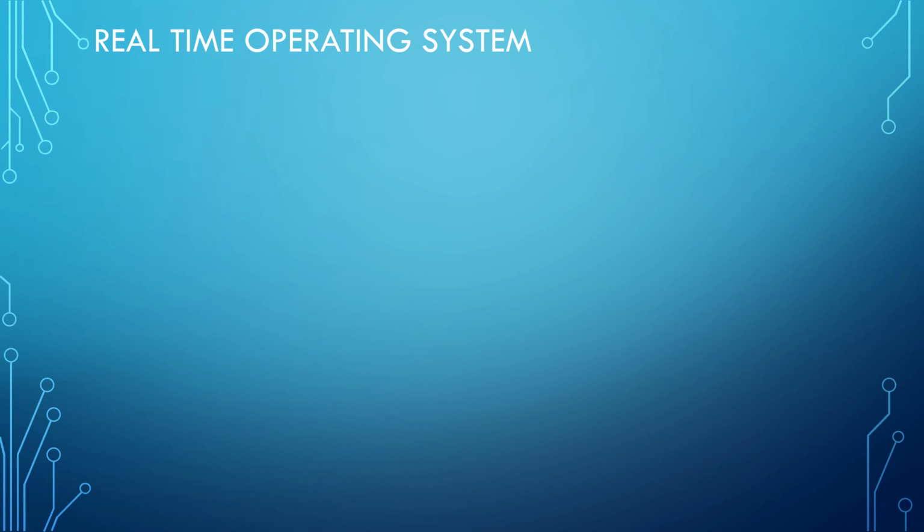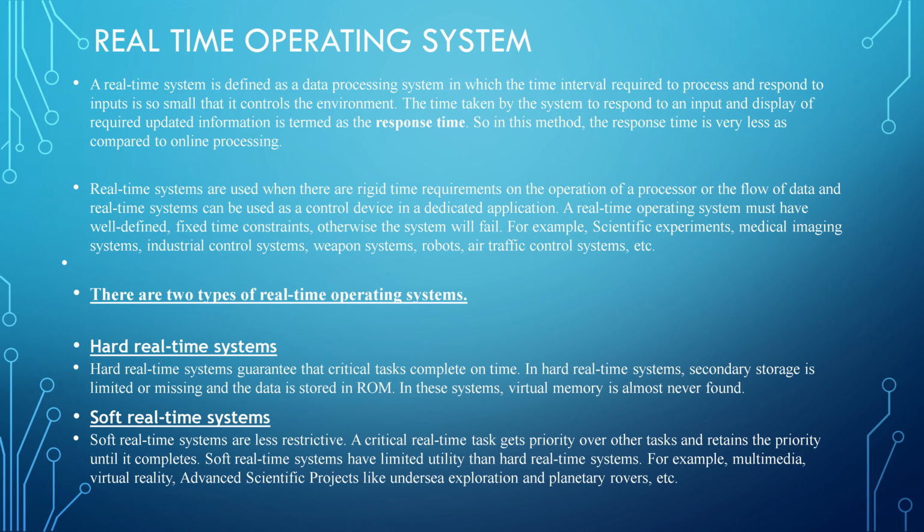And we proceed to the next type, number 5 type of operating system. We have real-time operating system. Real-time system is defined as a data processing system in which the time interval required to process and respond to inputs is so small that it controls the environment.